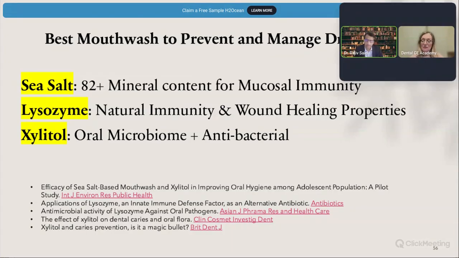If you have lysozyme in your oral care product, you are building mucosal immunity inside your oral tissues and healing cells. That's why it is very important. It has a lot of role in immunity. It's a key component of the innate immune system.